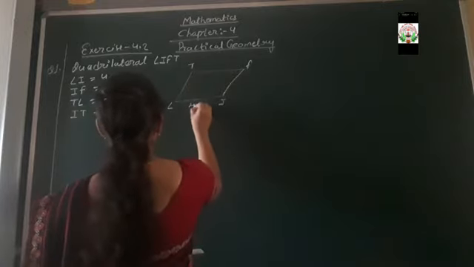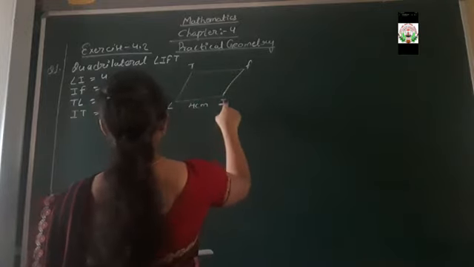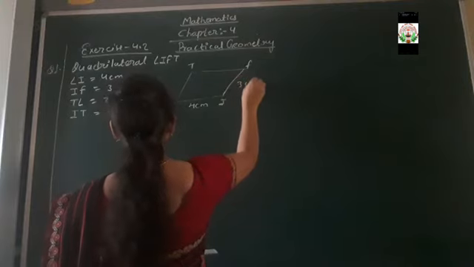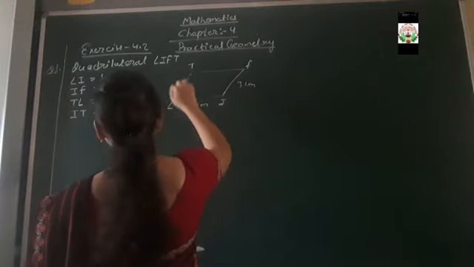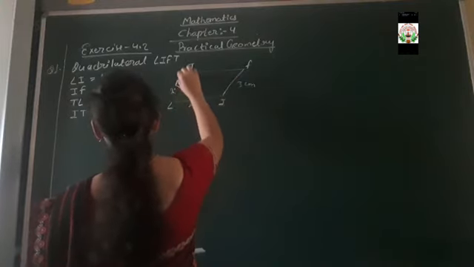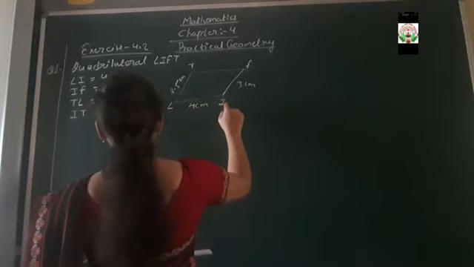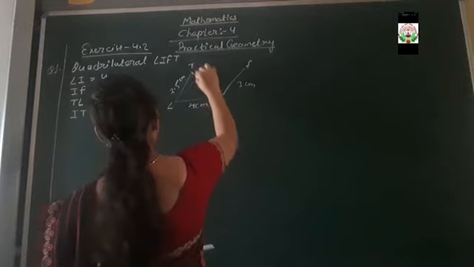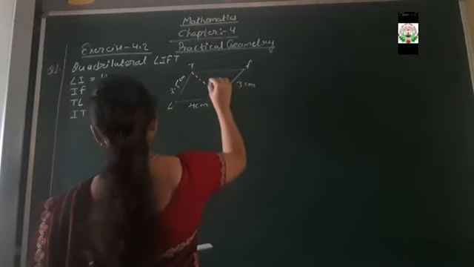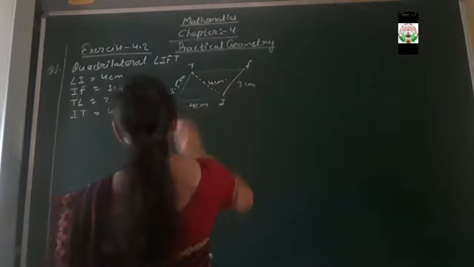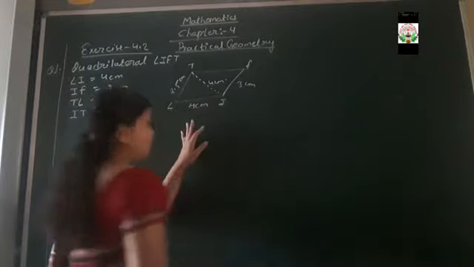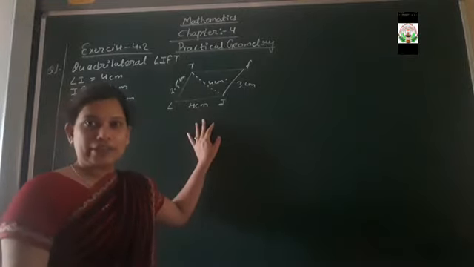If this one is 4 cm, then IF will be 3 cm, TL is 2.5 cm, whereas IT, that means the diagonal, is given as 4 cm. So this is the rough sketch of the quadrilateral.